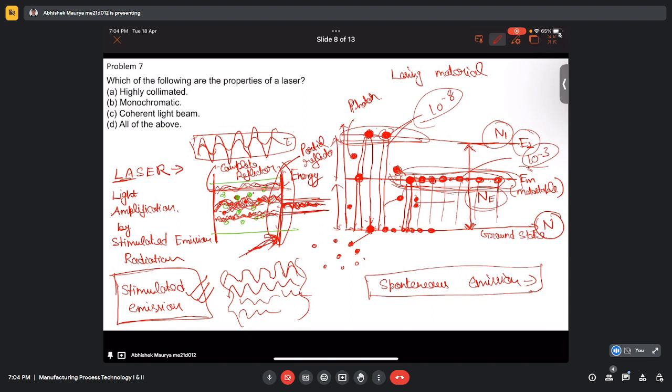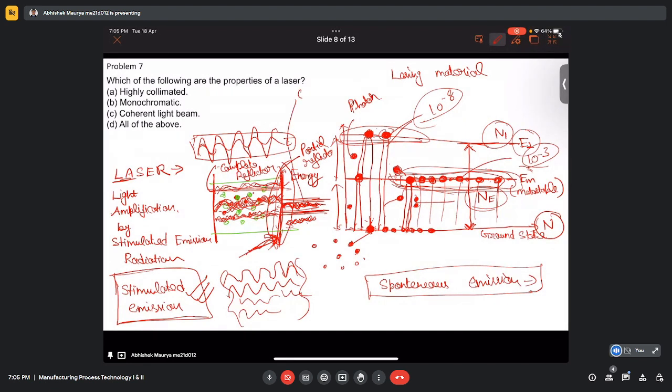Again, when the amplitude of light has become such that this partial reflector is not able to reflect more, it will allow the next beam to come after some time. So that's how the laser is generated.